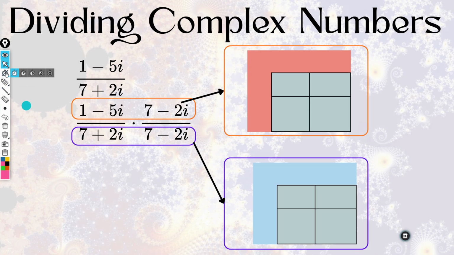And so to do that, we're going to have to use either FOIL or the box to multiply. Again, for visual purposes, I use the box. And so we have 1 minus 5i times 7 minus 2i.